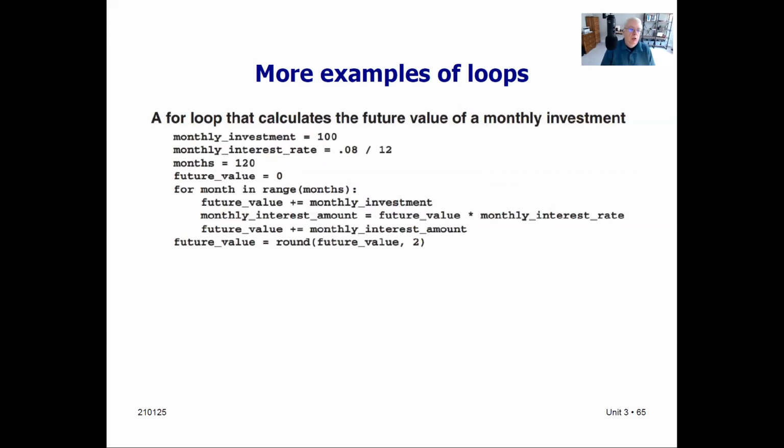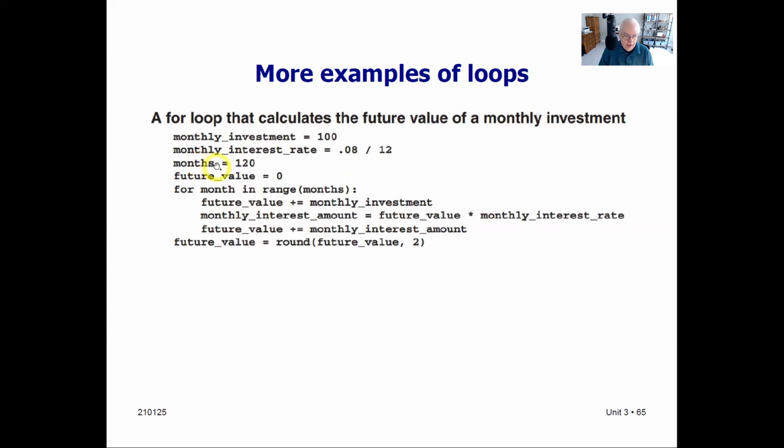Another example of a for loop here, another investment program, which I think is your last lab, 3-3. We're going to be dealing with the monthly investment program. We'll see this code a couple of times here, but we are entering a monthly investment amount. We're calculating a monthly investment rate. We have an annual rate, have to divide it by 12 for the 12 months.